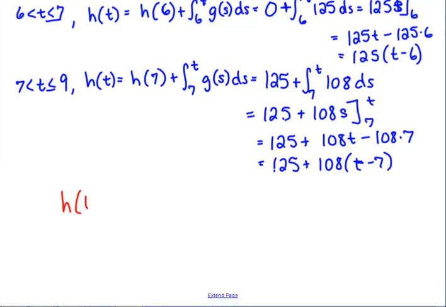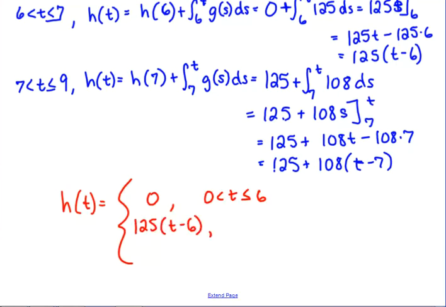We'll just go h of t is equal to, the first one was 0 when t is between 0 and 6. It was 125 times t minus 6 for 6 to 7.